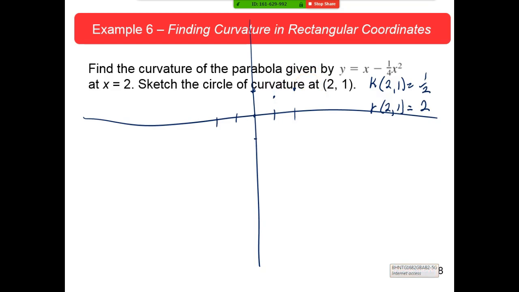And let's, just for funsies, do 3. 3 minus, well, 3 cubed is 9, right? 1/4 of 9 is 2 1/4. So 3 minus 2 1/4, I'm pretty sure is 3/4 again, isn't it?